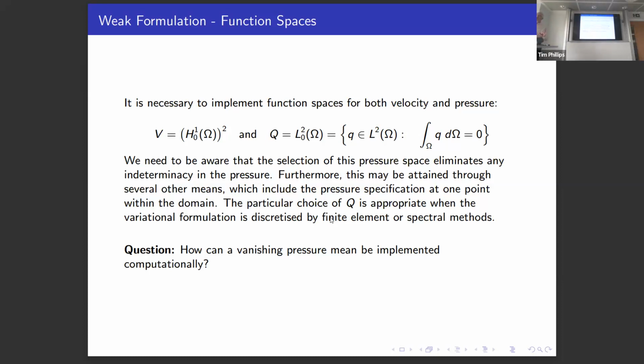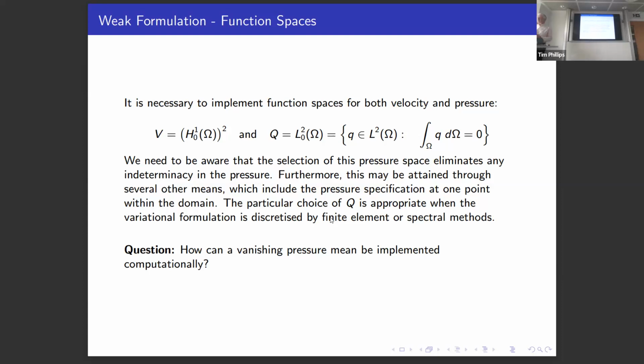And typically, to remove the indeterminacy in the pressure, what you do is to insist that the pressure has vanishing mean over the domain, and that, if you like, is an alternative to specifying the pressure at a point. These spaces then are also discretized by appropriate means.